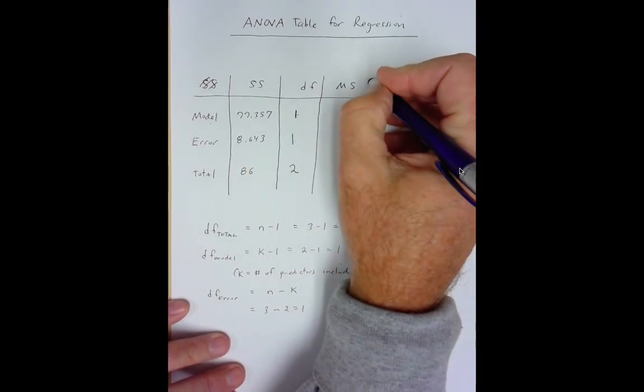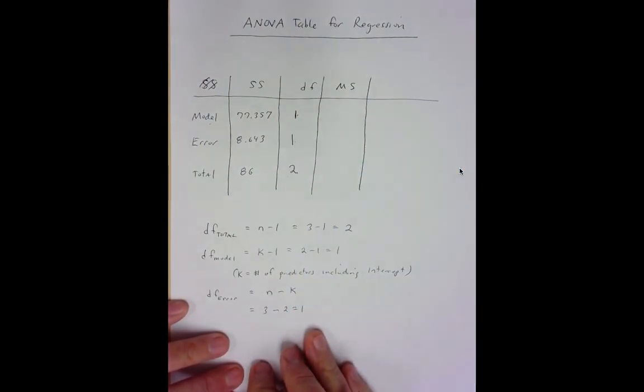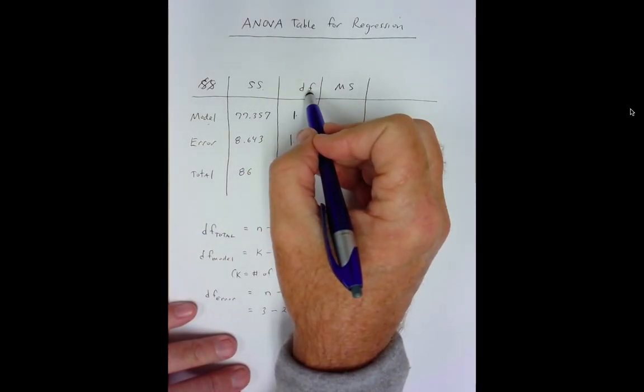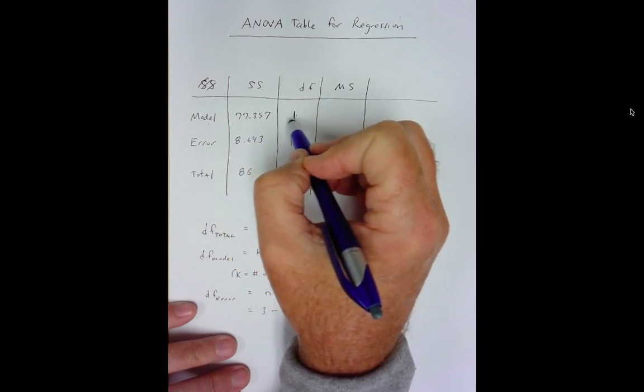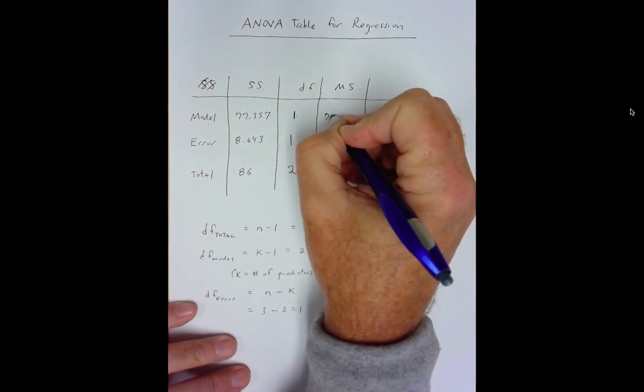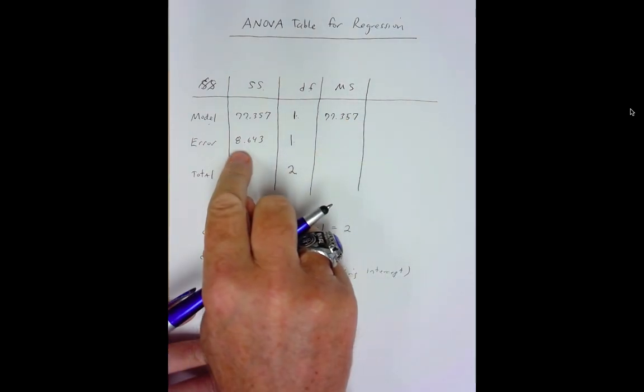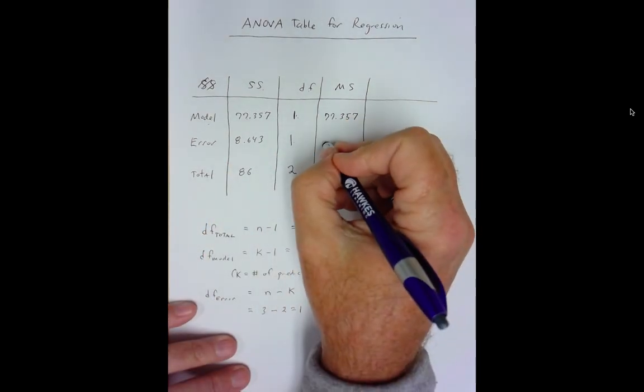Guys, the next thing we get into is the mean square. Just like with the ANOVA model, the mean square is the sum of squares divided by its degrees of freedom. 77.357 divided by 1. 8.643 divided by 1.